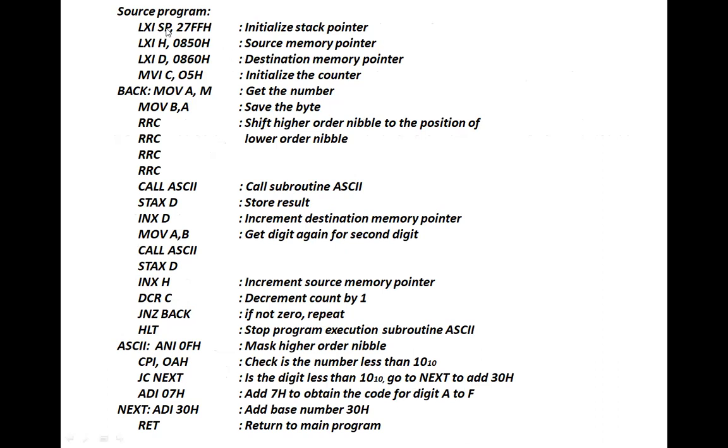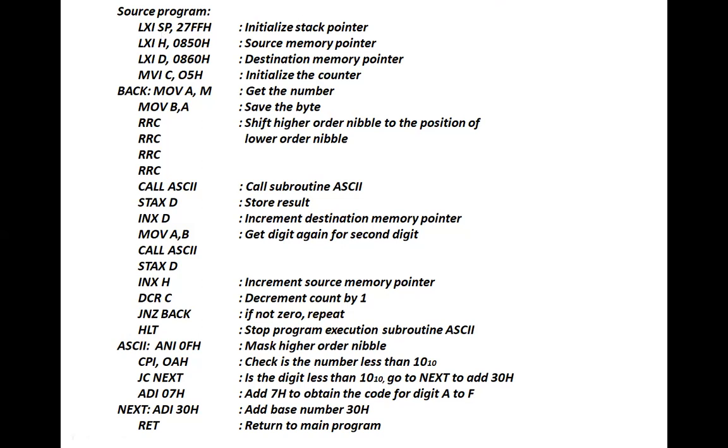First of all, since we are using a subroutine, and a subroutine automatically uses the stack pointer, stack locations, we have to initialize the stack pointer. So suppose the stack pointer is initialized by the highest memory location, that is 27FF. So with this instruction, 27FF will be stored in the stack pointer.